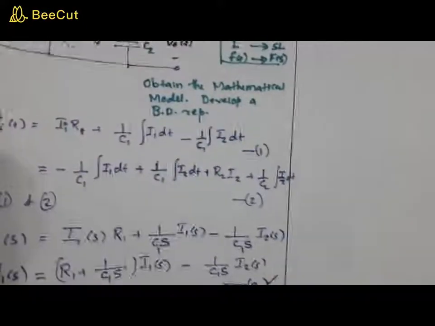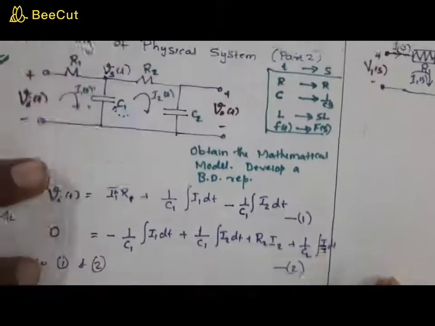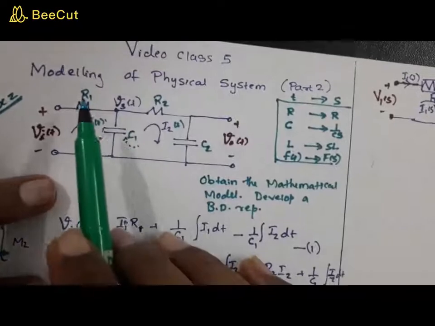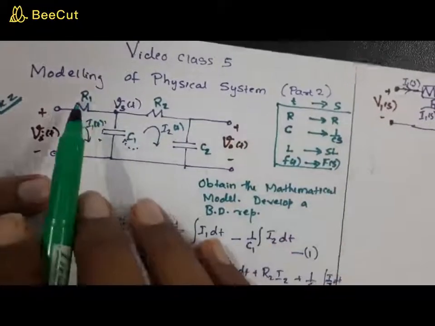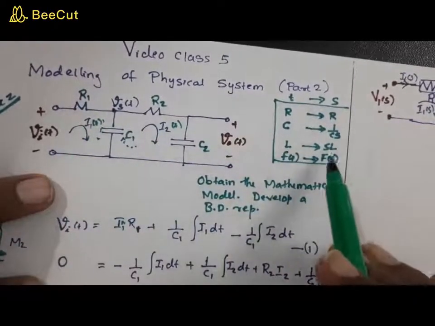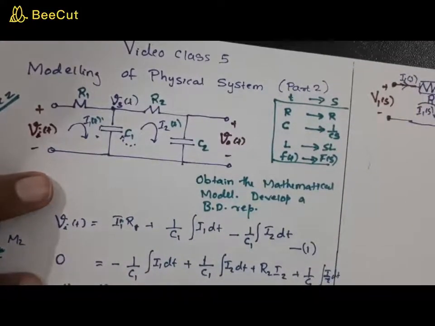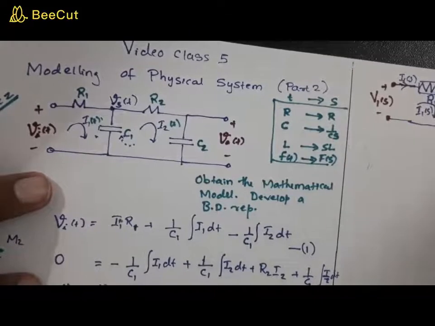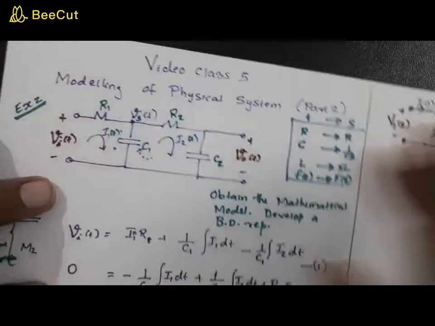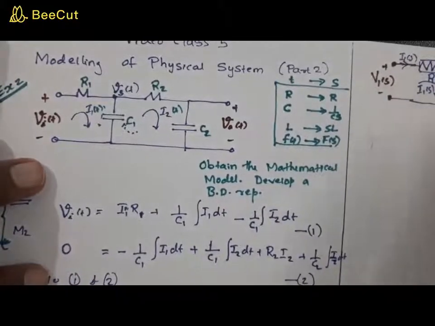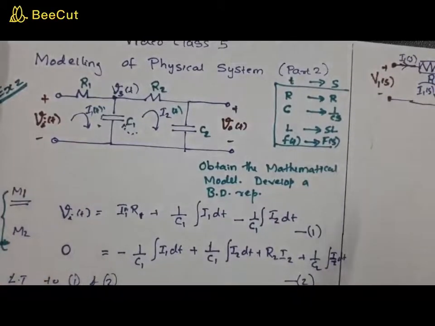If it's so lengthy and confusing, what you just need to do is convert the time domain into its corresponding S domain, so that you get the S domain circuit. You should not change any polarity or whatever is shown in this time domain. You should maintain that. The only thing is that capacitance and inductance values change to their corresponding reactance in the S domain.